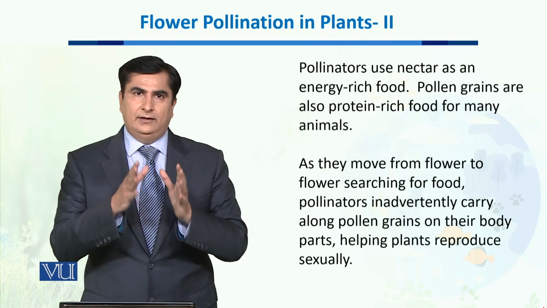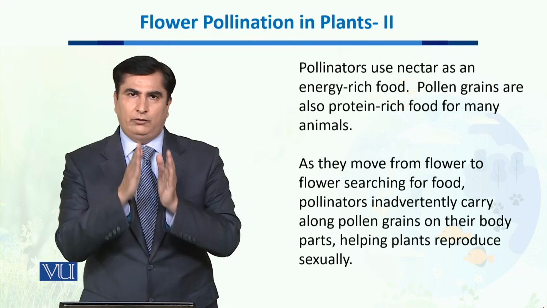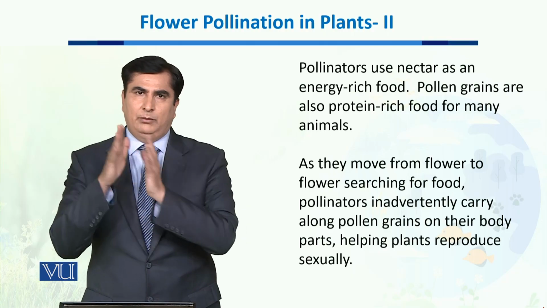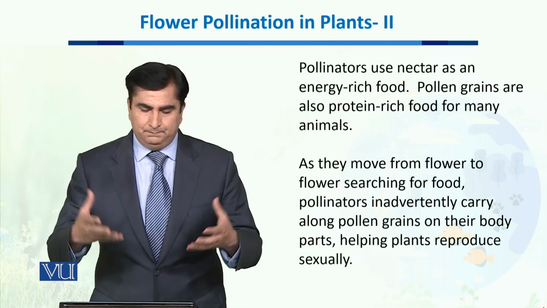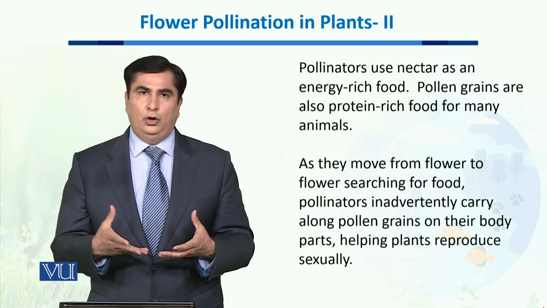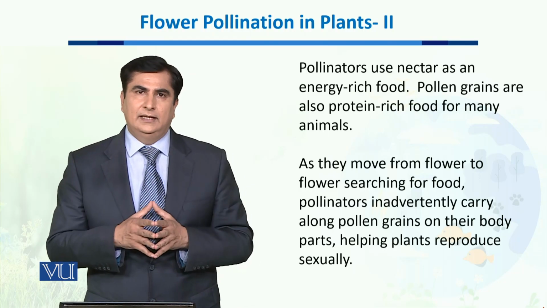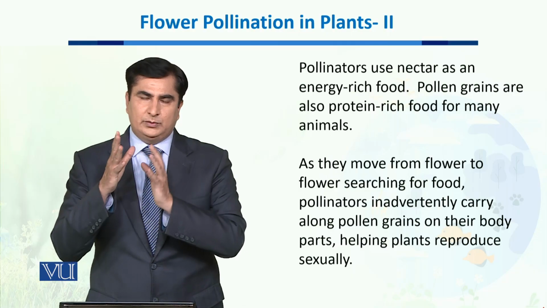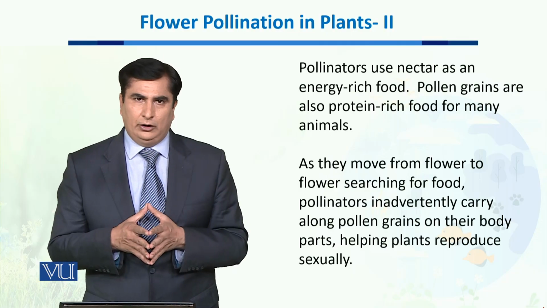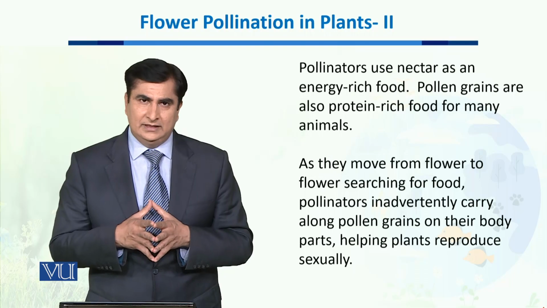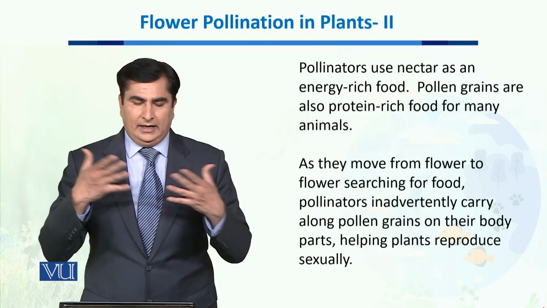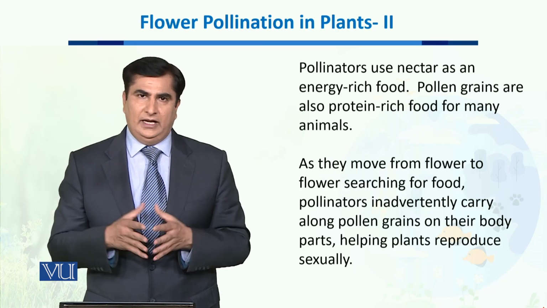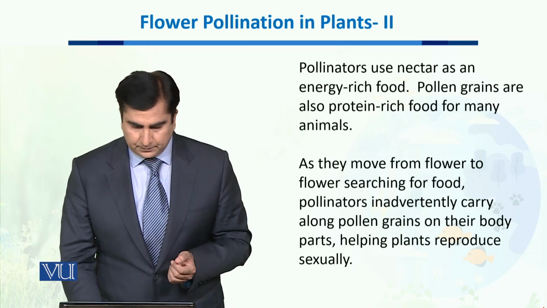So, whenever they come to the flower and when they are about to leave, the pollen grains are attached to the body, especially the legs and the lower part of these pollinator animals, and they are carried from one plant to the other plant, and that helps in the pollination of flowers.